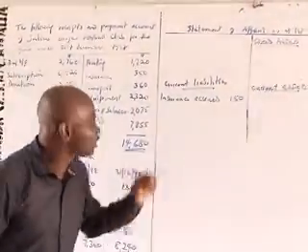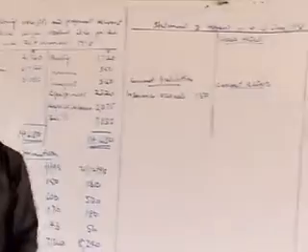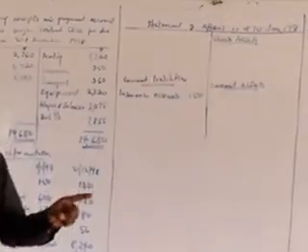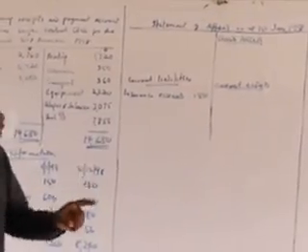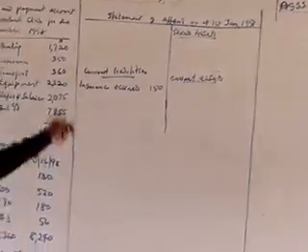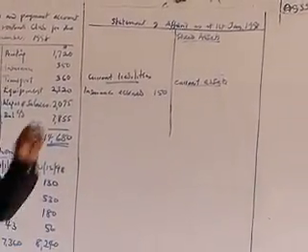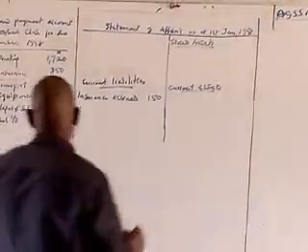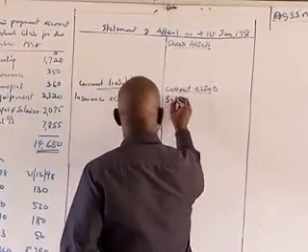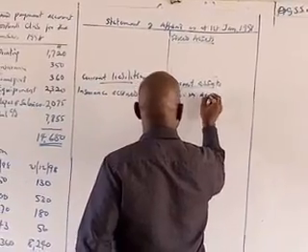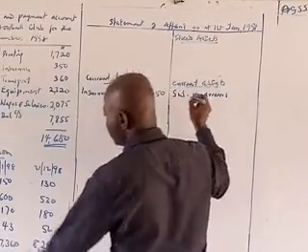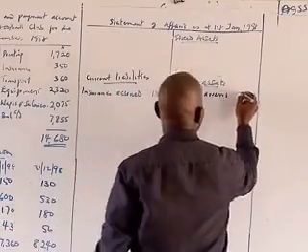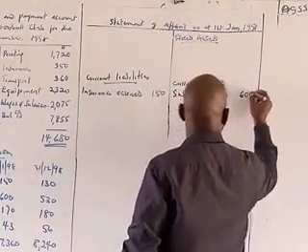Subscription in arrears is not a liability, it's an asset, because we are talking about income here. But when we are talking about expenses, it is a liability. Income in arrears is an asset. So subscription in arrears will now be on this side. Subscription in arrears, and we are given 600 naira.